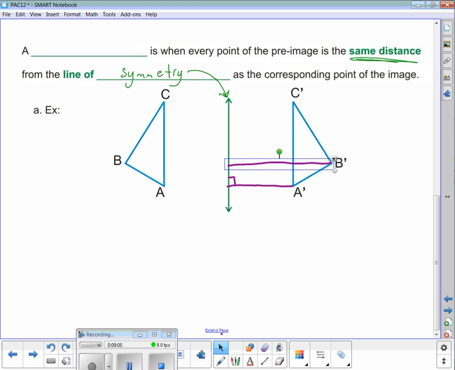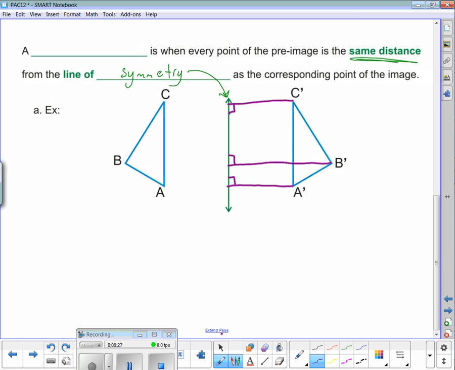And same with C. C would be the same distance away. Looks like I'm a little over again. But you can see that sure enough, that's the idea. And again, please understand, I didn't want to write the perpendicular symbol every time because it would have been harder to capture the line. But it's always perpendicular to the line of symmetry to the vertex.